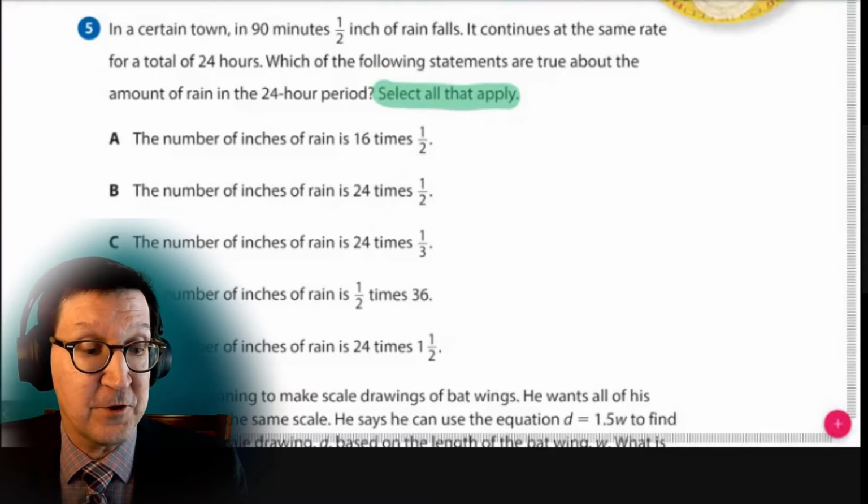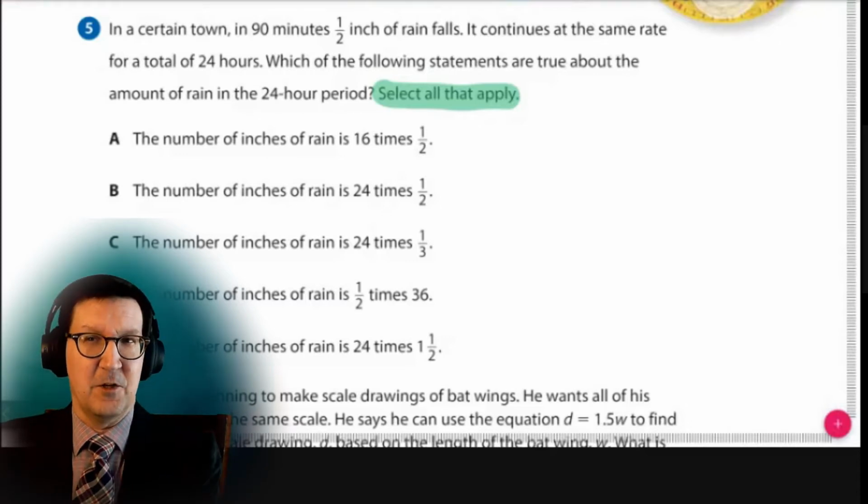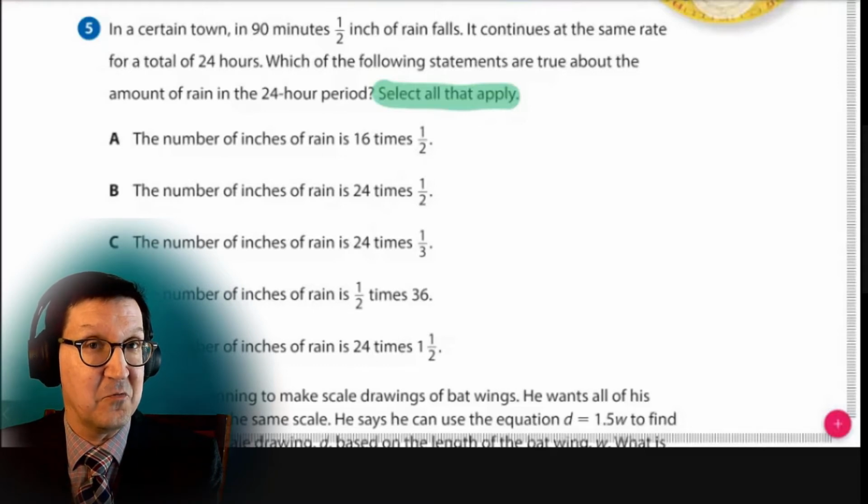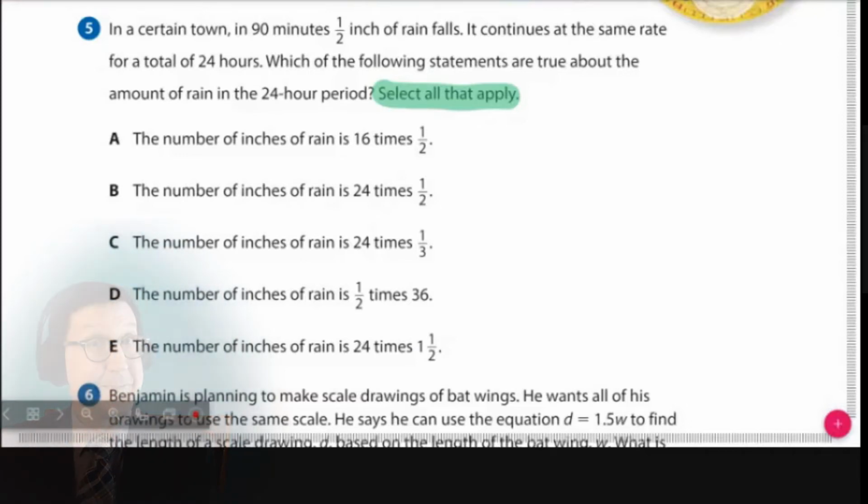Or the number of inches of rain is 24 times 1/3. Or the number of inches of rain is 1/2 times 36. Or the number of inches of rain is 24 times 1.5. Some of these are right, some of these are wrong, depending on how you set it up. So give it a shot, work it out, see what you come up with, and we'll talk about the answers when we get back.